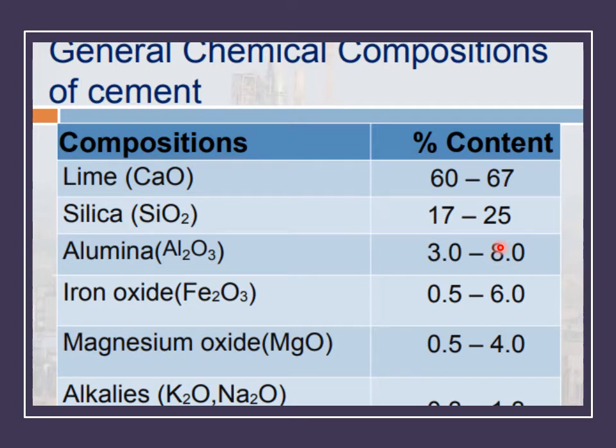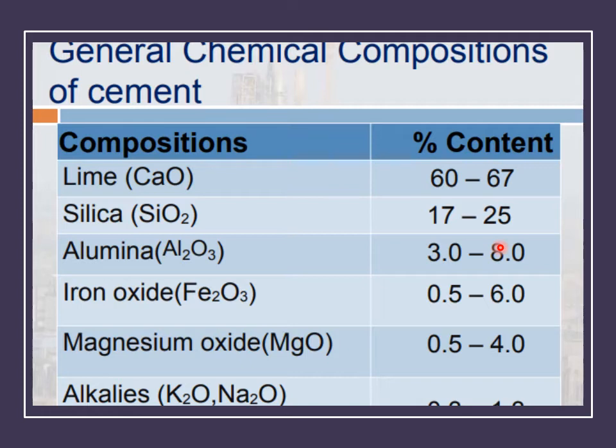It means that after 28 days of curing, once the mortar cube is cast and you do the compressive strength test, you should get a minimum strength of 33 megapascal. That's why we call it 33 grade cement.